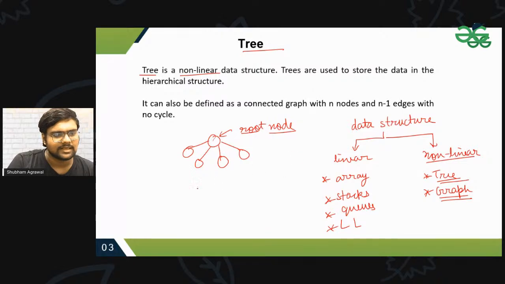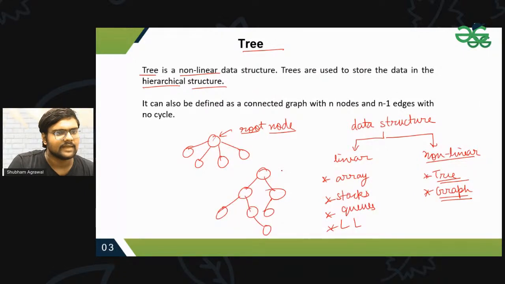But in a linear data structure, if we have a node, we can have a next node or a previous node, so the nodes are in sequential order. In a tree this is not the case. It is something like a hierarchical data structure, where a hierarchy is formed.